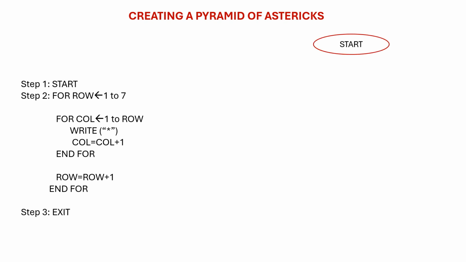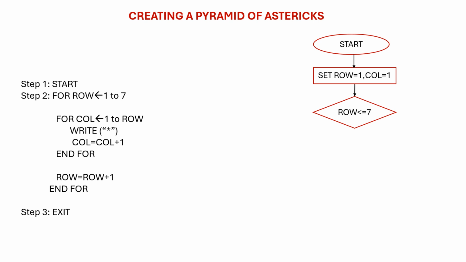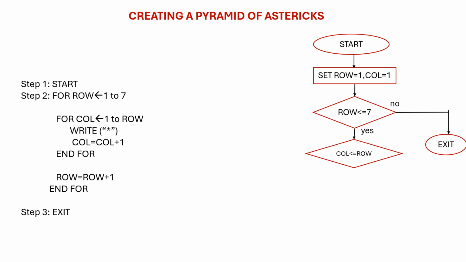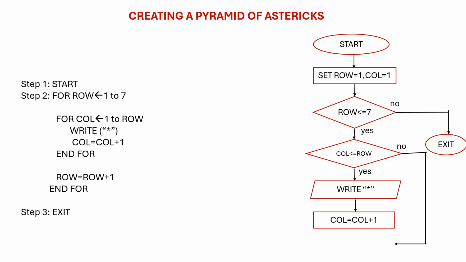Talking about the flowchart: start, it is going to set the value of the row and the column, then decide the outer loop, giving a decision. If it is no, then obviously it will exit, but if it is yes, then it will move to the inner loop. The inner loop will go on writing the asterisk as long as it is satisfying the condition after incrementing the column value every time.